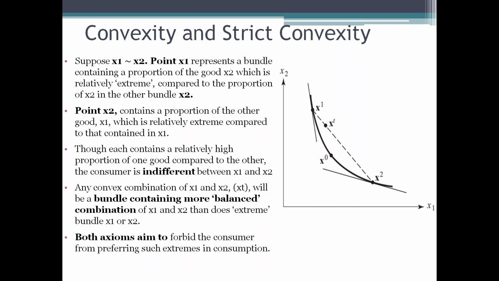So both axioms aim to forbid the consumer from preferring such extremes in consumption. Don't go with extreme cases. Try always to be in the balanced situation. So this is what we mean by the concept of convexity.